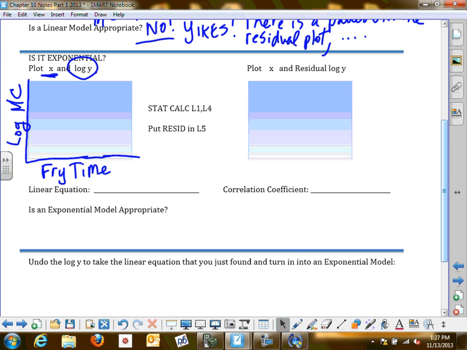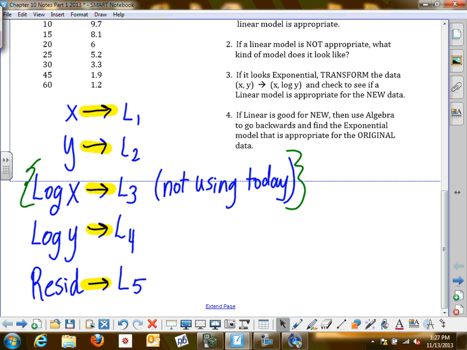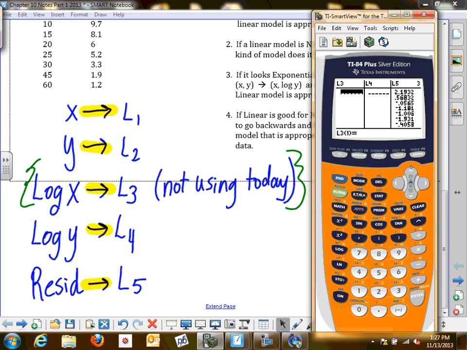So, I'm going to teach you how to get that in your calculator, in your lists. So come over here. Let's fix up L3 and L4. Now you remember from here what I said I want to go in L3 and L4? Log X into L3, log Y into L4. And we're going to do that all the time. So let's do L3.